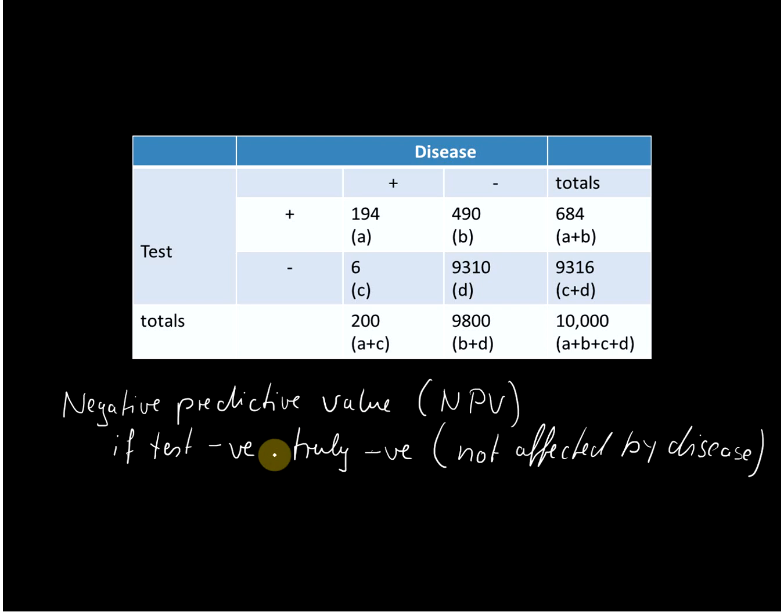And we can calculate that quite easily. You test negative, so it is D divided by the total of negative tests, so divided by C plus D. So we just put in the numbers: 9,310 who are not affected by the disease and who test negative, divided by everybody who tests negative, and that is 9,316.